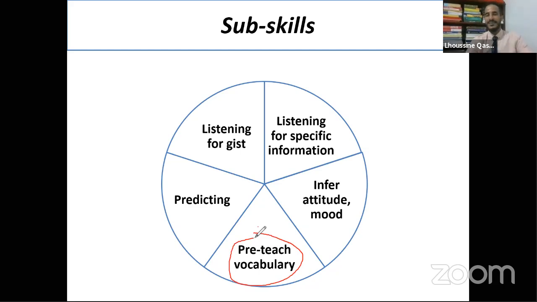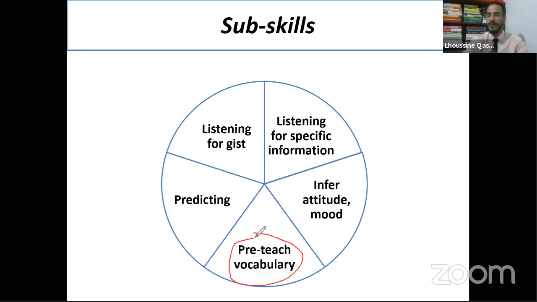Yes, very interesting question. Pre-teach vocab. Where are you going to use these words? Where are you going to take them from? You are going to select them from the text. It's bottom up, which means we cannot say that bottom up is all the time outside the text, and top down is all the time in the beginning.